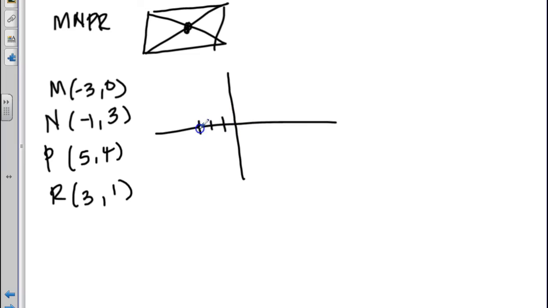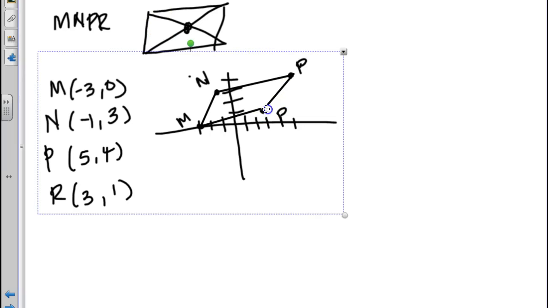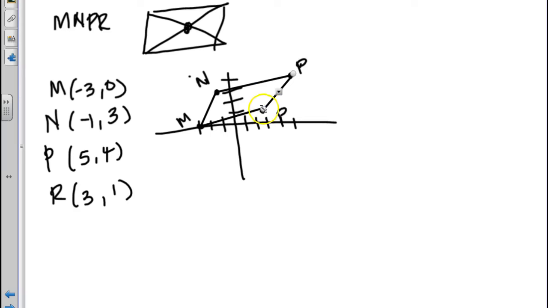So negative 3, 0, negative 1, 3, 5, 4, and 3, 1. All right, so I have M, N, P, and R. This will be a wonderful sketch because it's so to scale here. That's terrible, but we get the point, hopefully. Graph paper, great here.